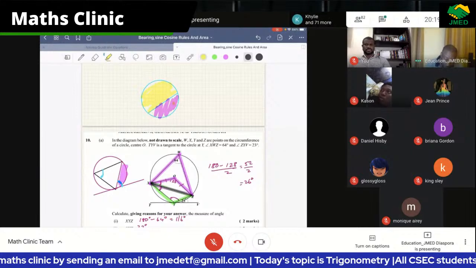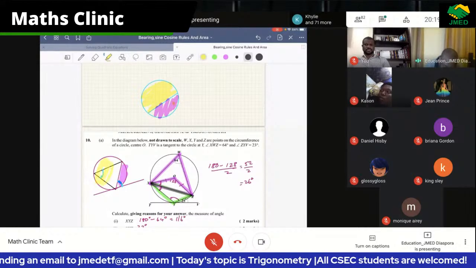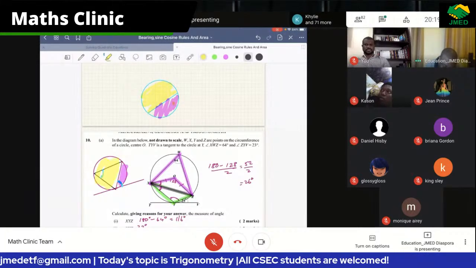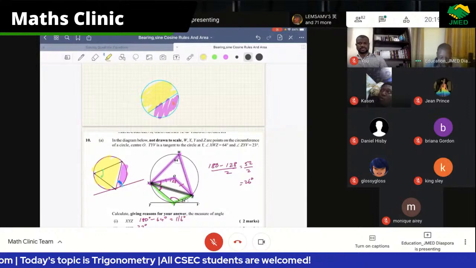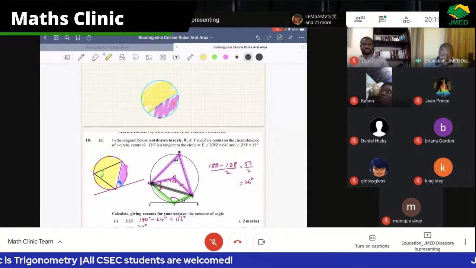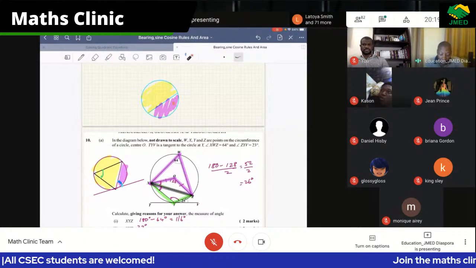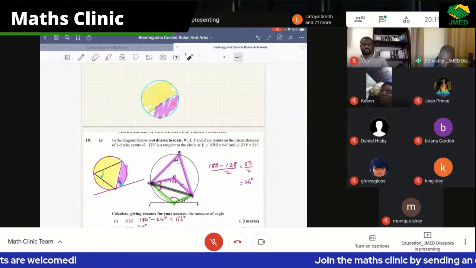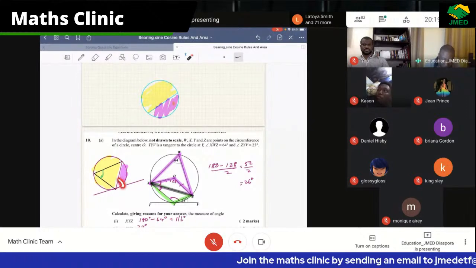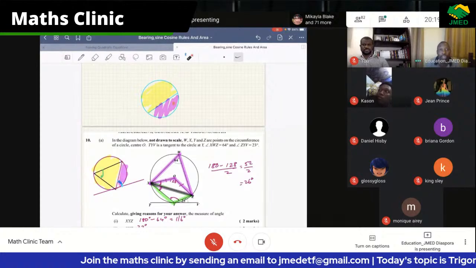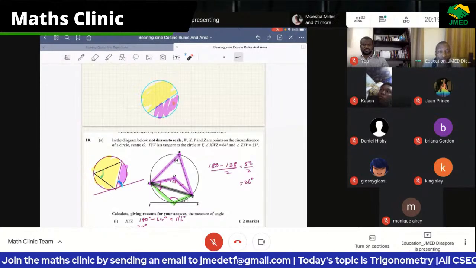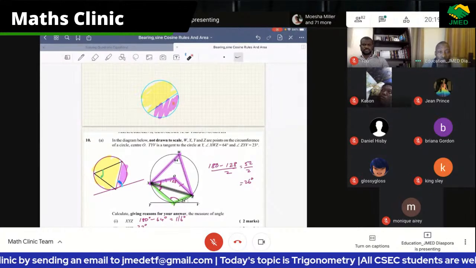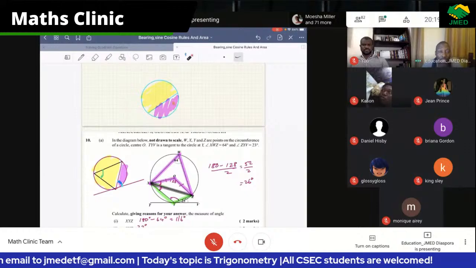So the statement is that this angle here is equal to any angle that is formed over there sitting on this same chord. Do you see that?